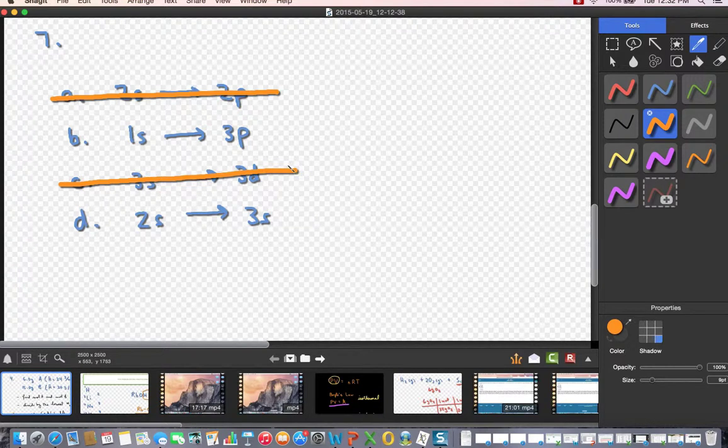I'm going from principal energy level 1 to 3 in B, and I'm going from 2 to 3 in D. B is definitely going to be the greatest energy. It must absorb a greater amount of energy to go from 1s to 3p than in any of the other answer choices. And so for number 7, the credited response is B.